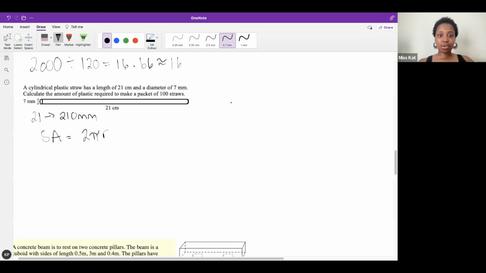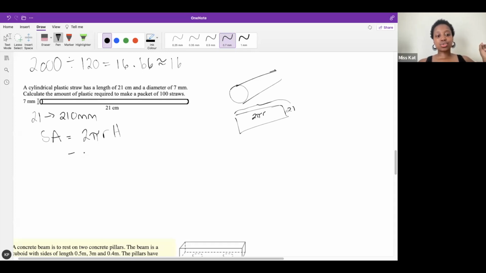Because you are multiplying the outside by the height, because it's going around, right? Remember, if we unfold the straw, this part that goes around, that's your 2 pi r. That's your circumference, isn't it? Yes, ma'am. And this is the height, which was 21.